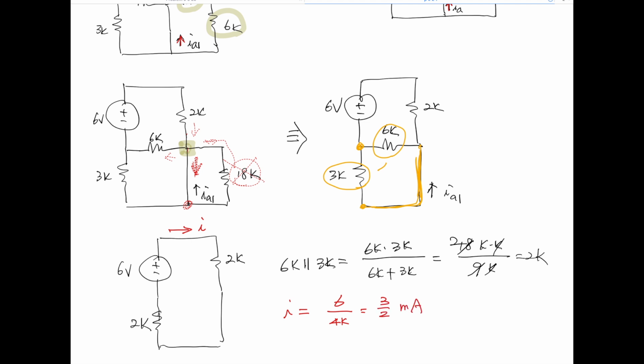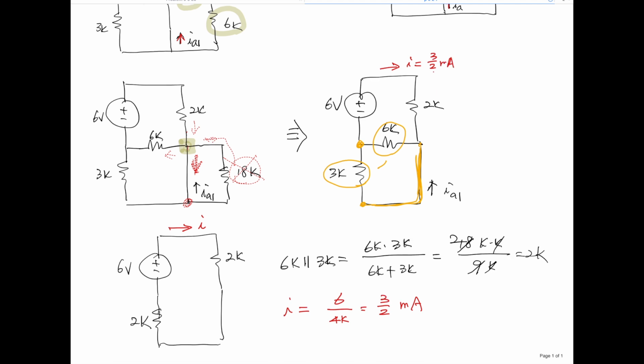Now let's go back and take a look at the circuit here. That is I, which is 3 over 2 milliamp. This 3 over 2 milliamp hits this 2K, which gives the voltage across this 2 kilo ohm resistor as 3 volts. V equals IR, I equals 3 over 2 milli, and R is 2K.